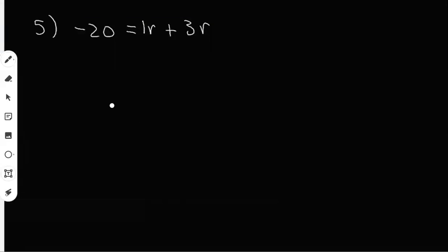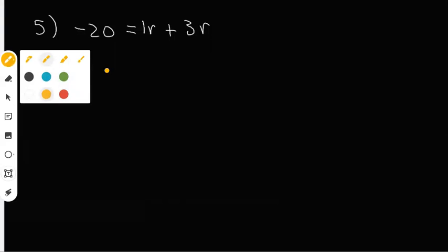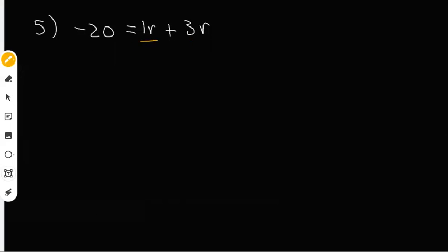And since they both end with a variable, I'm going to underline them because they are like terms. Since they're like terms, I can add them up. 1r plus 3r is going to give me 4r. And the negative 20 is going to stay the same for now.